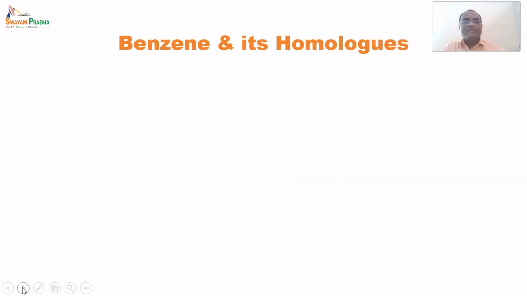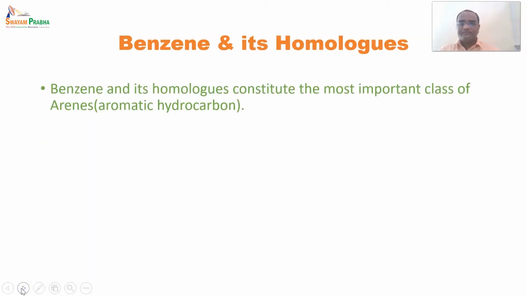So firstly, we'll see benzene and its homologues, or we can also call them analogues. Benzene and its homologues constitute the most important class of arenes, also called aromatic hydrocarbons. They are said to be aromatic hydrocarbons because hydrocarbon itself indicates a combination of hydrogen and carbon, but that combination is an aromatic structure, and earlier this class was called arenes.